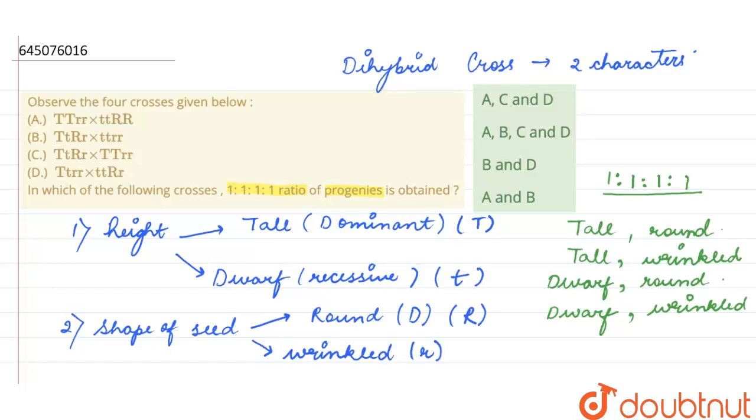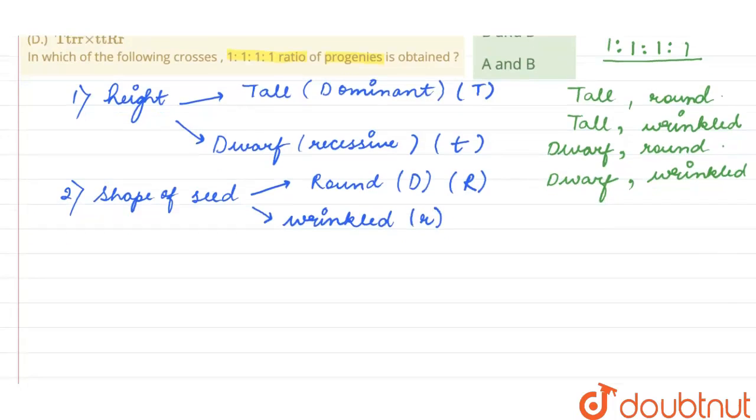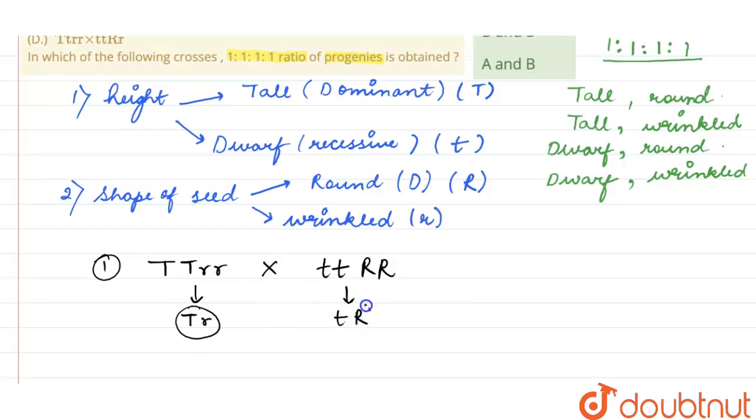The first one is tall wrinkled crossed with dwarf round plant. So the gametes that will be formed here are this, and here it will be this.